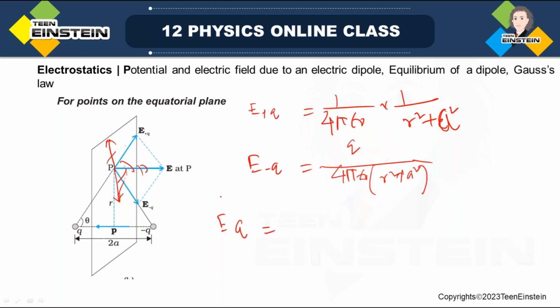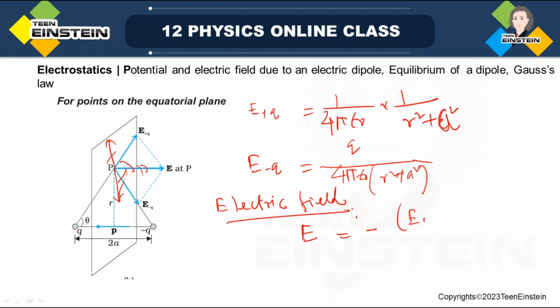So finally, what we are going to get? Finally, we will get the net electric field, minus E_P.